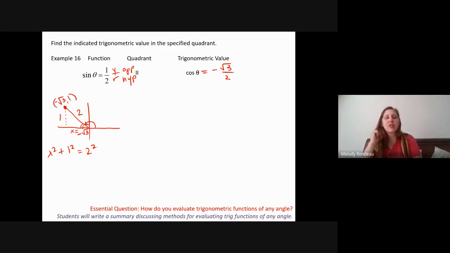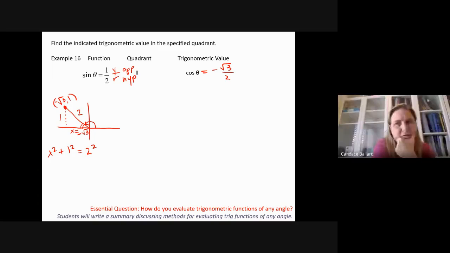Now here's an interesting question. How come when I write that ordered pair, it doesn't look like the ordered pairs that we had on the unit circle? That's a good question. Why does my ordered pair not look like the ordered pairs on the unit circle? So see if you know it, put it in the chat.